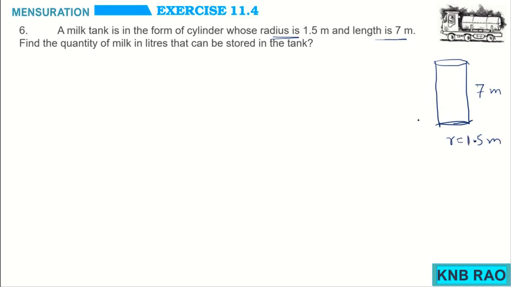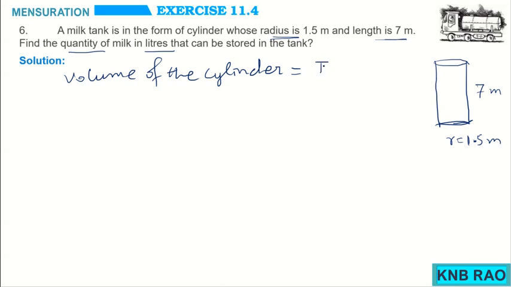Now I have to use these to find the quantity of milk. Quantity is nothing but capacity. I have to find the volume. So the volume of the cylinder is found with the formula pi r square h, where 22 by 7 into 1.5, which is 3 by 2, into 3 by 2, h is 7.